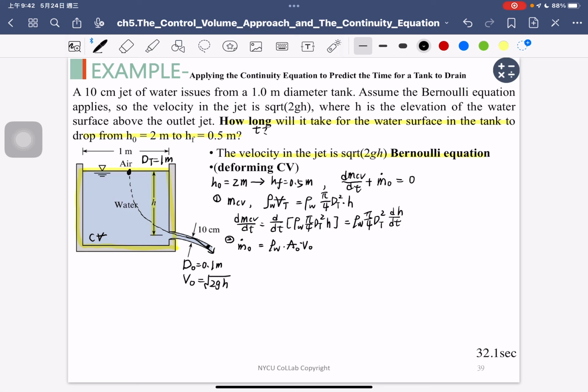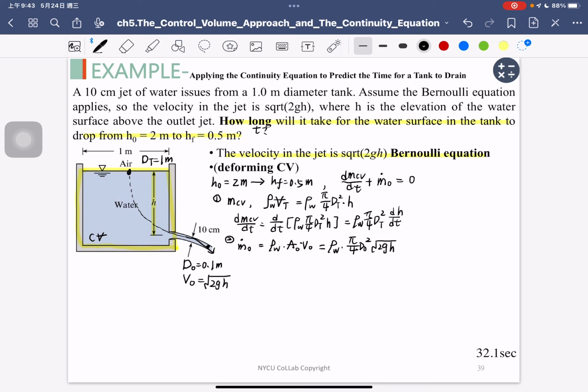A multiplied by V is equal to the discharge, and the discharge multiplied by the density is equal to the mass flow rate. So we have the density, and the area is pi over 4 d0 squared, and V0 here is the root of 2gh.